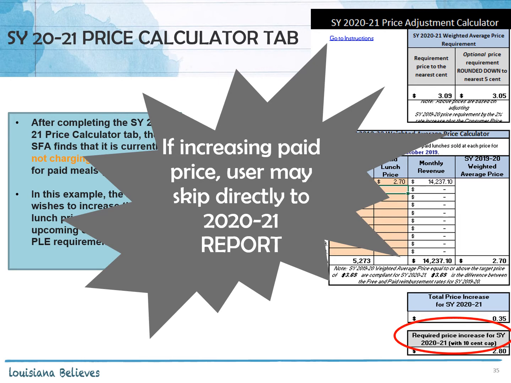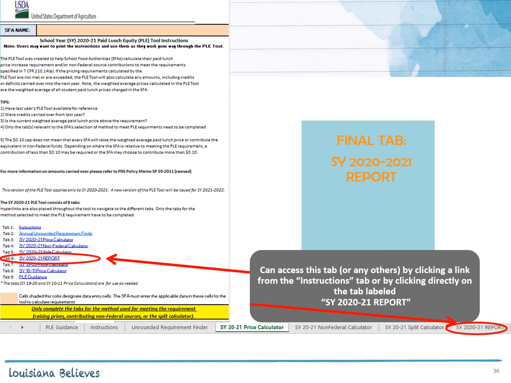If the SFA chooses this option to increase the paid lunch price, the user may skip directly to the 2020-2021 Report tab. To get to the Report tab, you can access it by either clicking on the Report tab at the bottom of the Excel document or through the text in the Instructions tab.